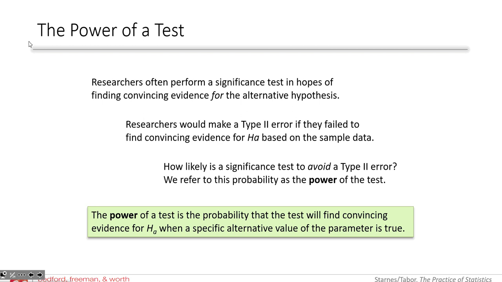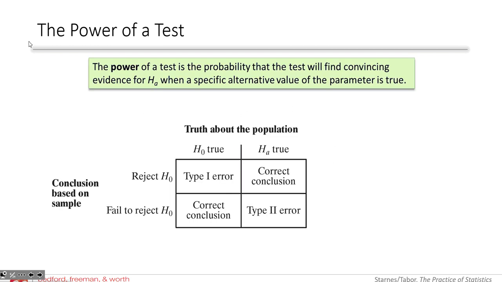So I think it's easier to think about this table that we've looked at. Remember, there's a truth about the population, either H0 is true or HA is true, and then we either reject or fail to reject H0. If we check this definition, the power of a test is the probability that the test will find convincing evidence for HA.